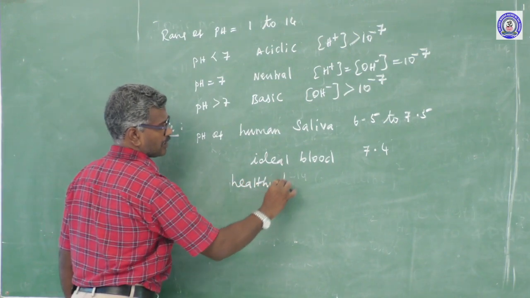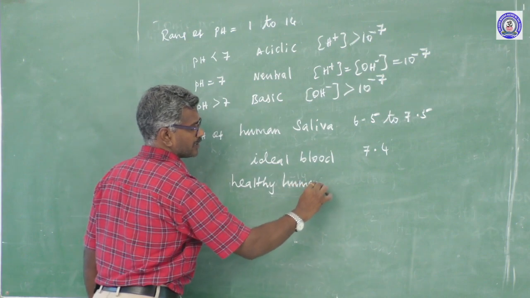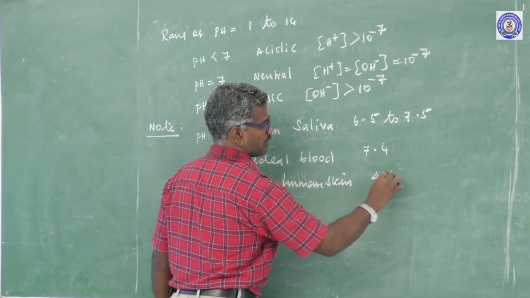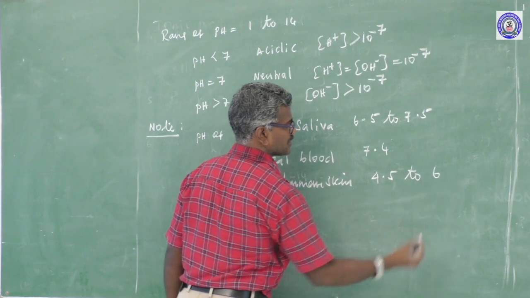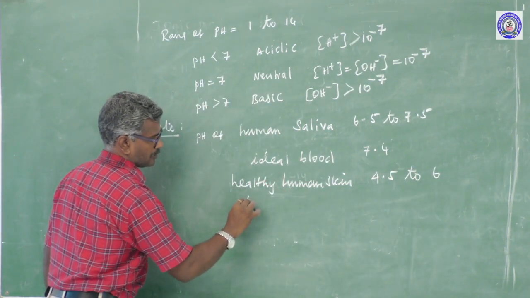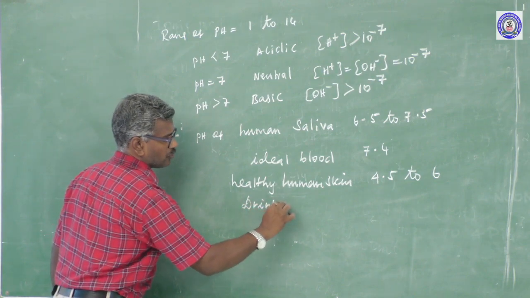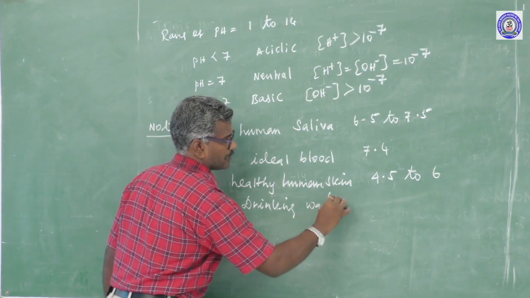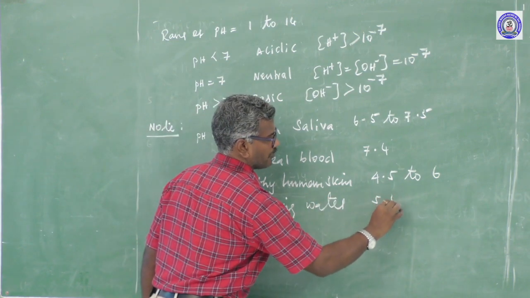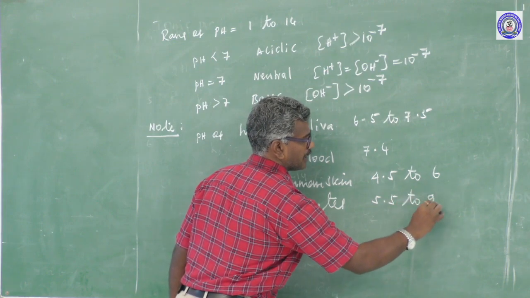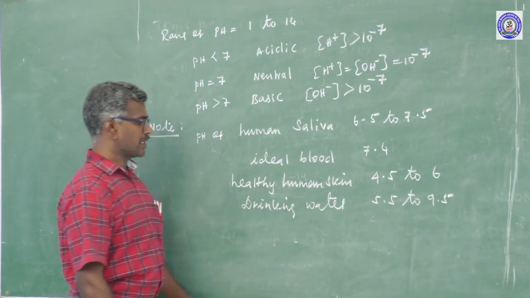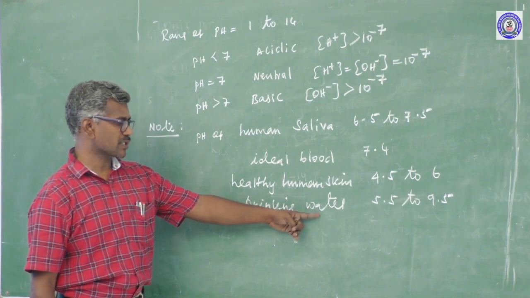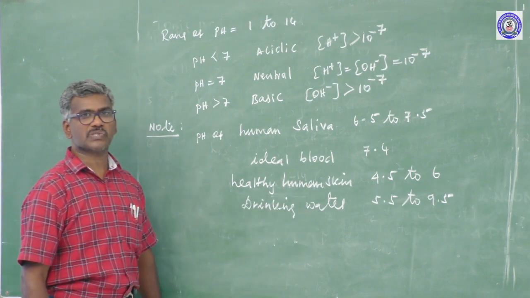Healthy human skin is 4.5 to 6. Drinking water has a pH value of 5.5 to 9.5. In water, there is a presence of H plus concentration and also OH minus concentration. Distilled water has a pH value of 7.